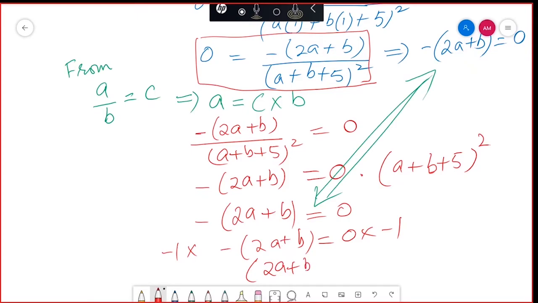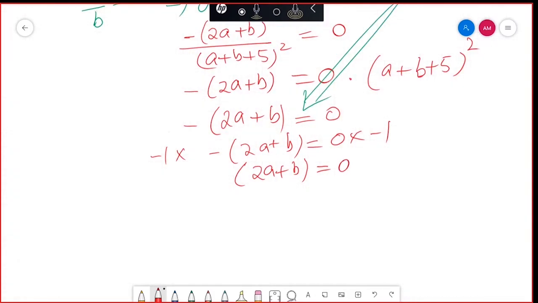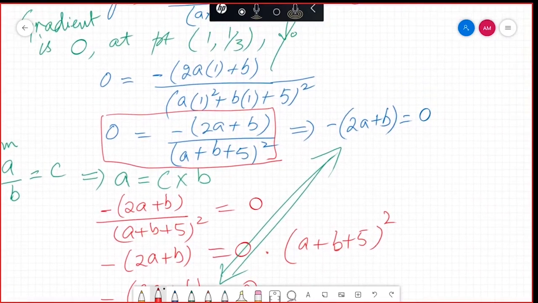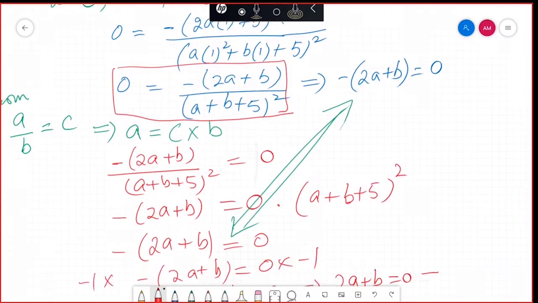This implies 2a plus b is equal to 0, and this is our equation. I have given equation 1 to some other, so I would just call it equation 2.